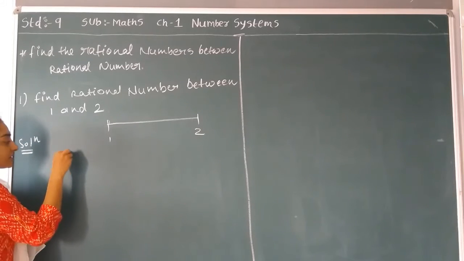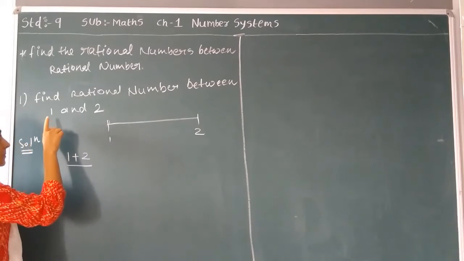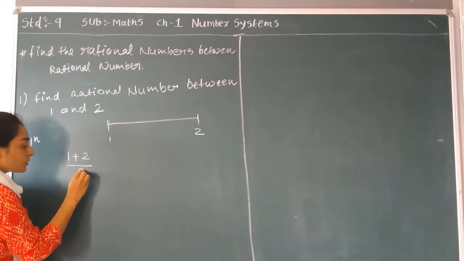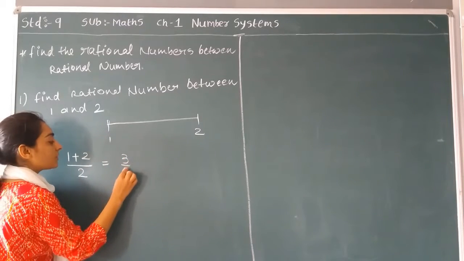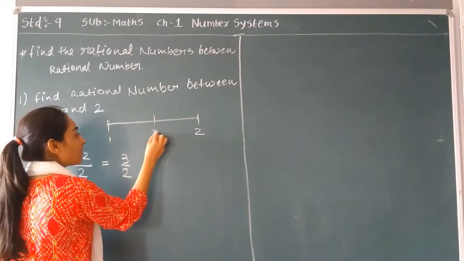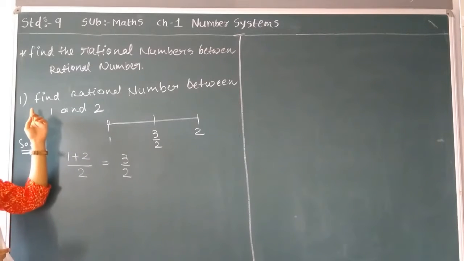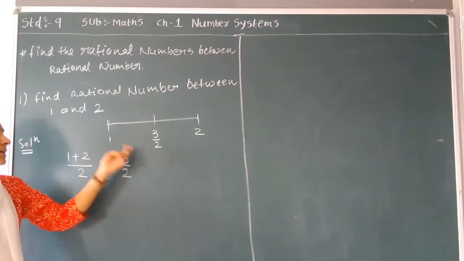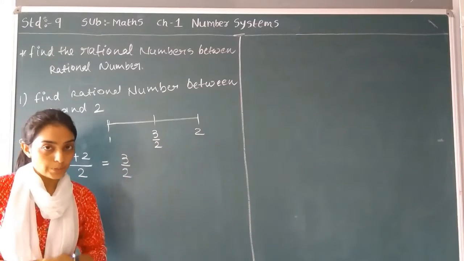The average method says 1 plus 2, how many numbers are there? 1 and 2, so divide by 2. So we get 3 by 2. So 3 by 2 lies somewhere over here on the number line, between 1 and 2.